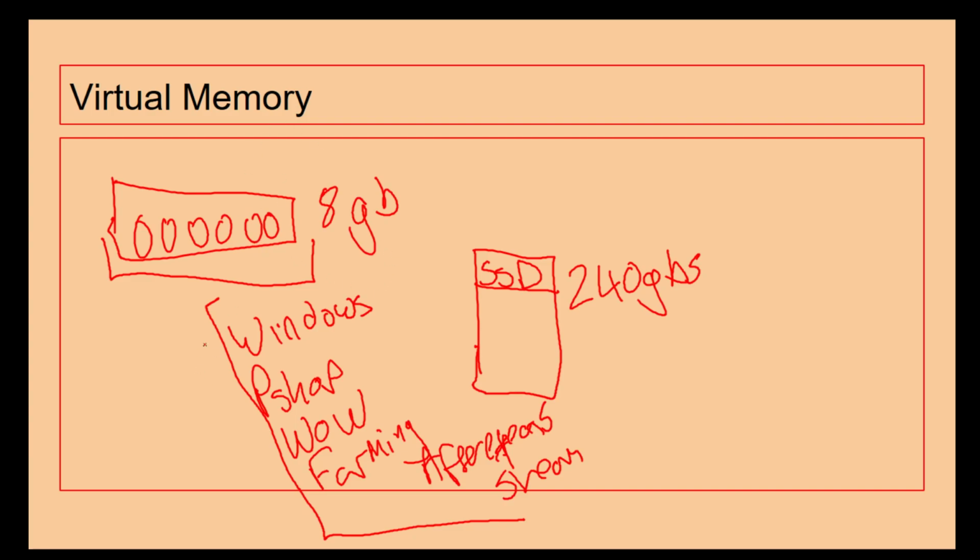So what we can do with virtual memory is something which is quite fun and quite helpful. We can say, right, okay, we're going to take this section, the SSD here, which is going to be another 4 GB. Please note this is not to scale.